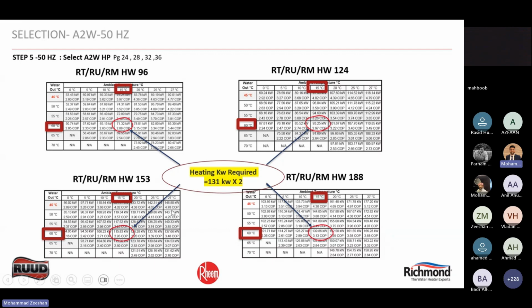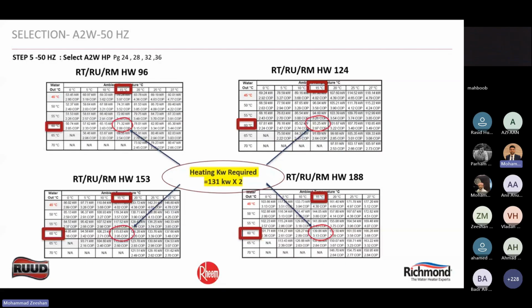At 15 and 60 in 153, I'm going to get 116 kilowatt with the COP of 2.95. And for 188 kilowatt, I will get 140 kilowatt. Now, my required heat is 260 kilowatt, so I cannot suffice with a single heat pump.